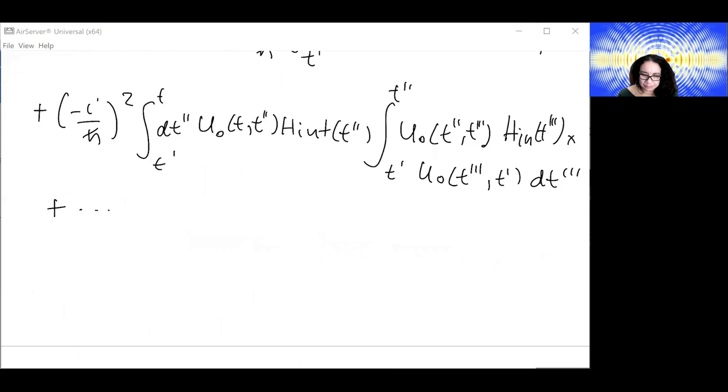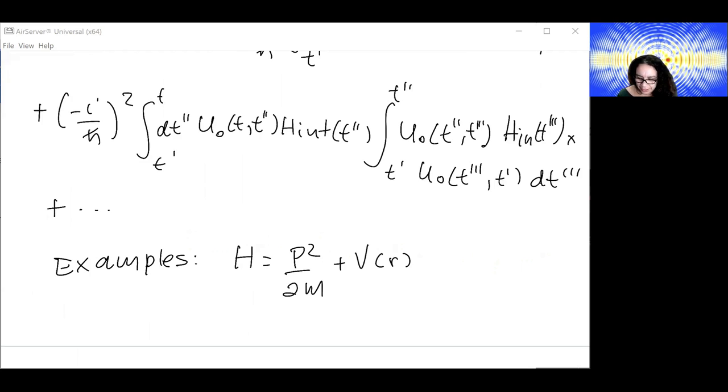So you could use it, for instance, if you have this Hamiltonian. If you have H equal to p squared over 2m plus V(r) minus e r E(t). Let me make this big because these are operators.